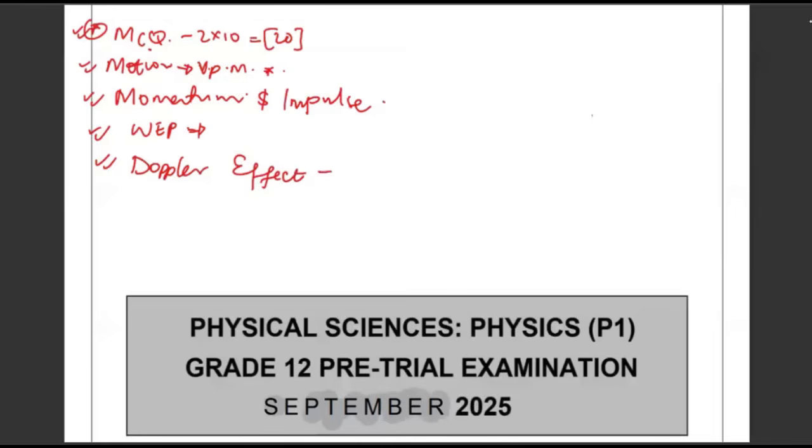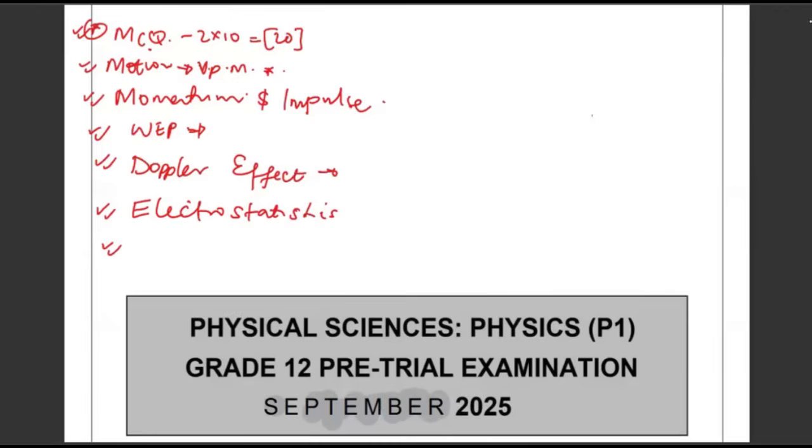Usually this is 1 question, just like work, energy and power. And then from the Doppler effect, we have electrostatics. We need to remember Coulomb's law and the formula of calculating the force and all of that. So it's also 1 question.